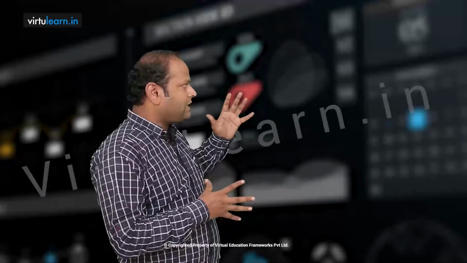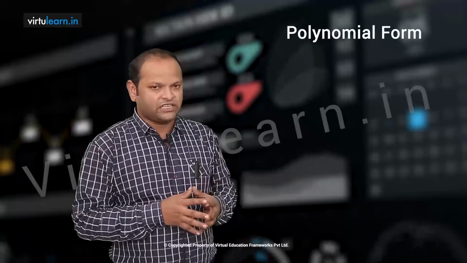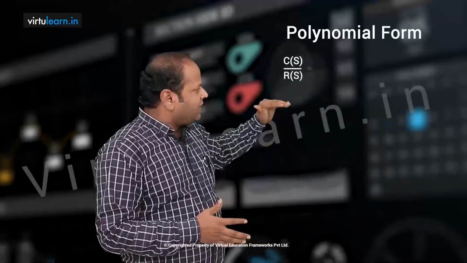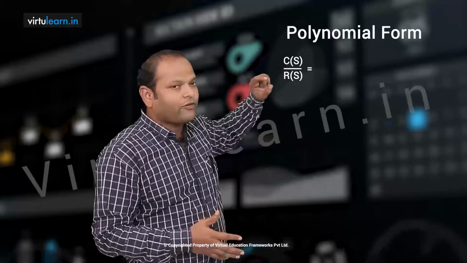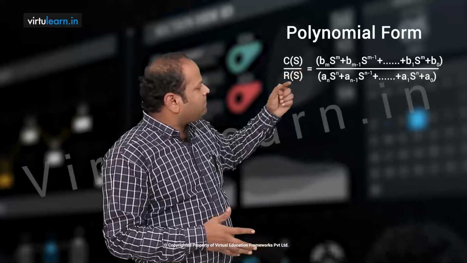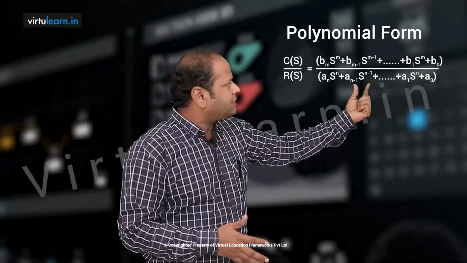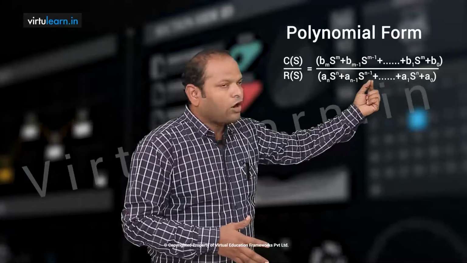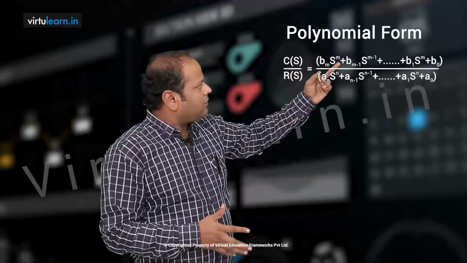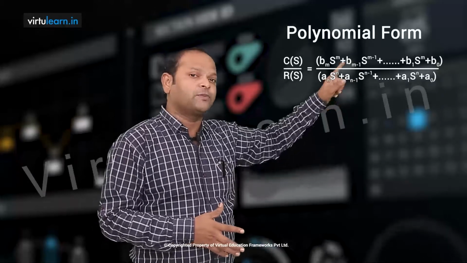The first we can see here, that is called polynomial form of transfer function representation. So it will be like this. Let us say the transfer function C(s)/R(s) is a ratio, we have a numerator polynomial and denominator polynomial. In the numerator polynomial I am taking b_m s^m + b_(m-1) s^(m-1) + ... finally b_1 s^1 + b_0. So b_0 is the coefficient of s^0.